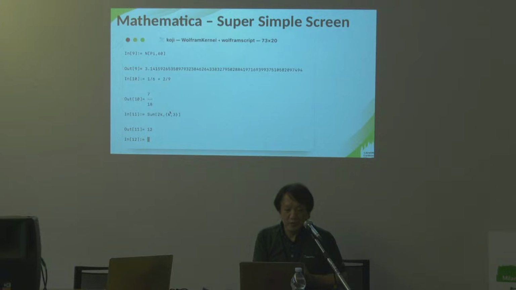Okay, and sigma looks like here: Sum 2k and k comma 3, just it. And the answer is 12. This is a Mathematica command line.